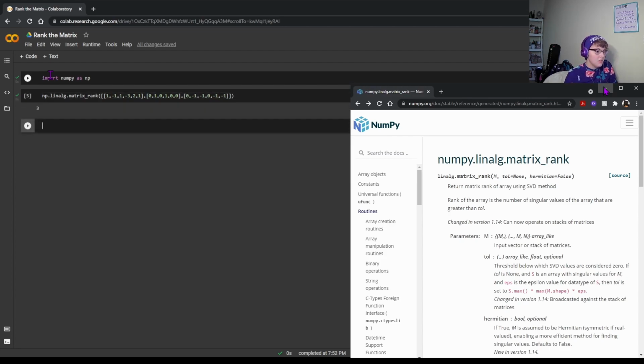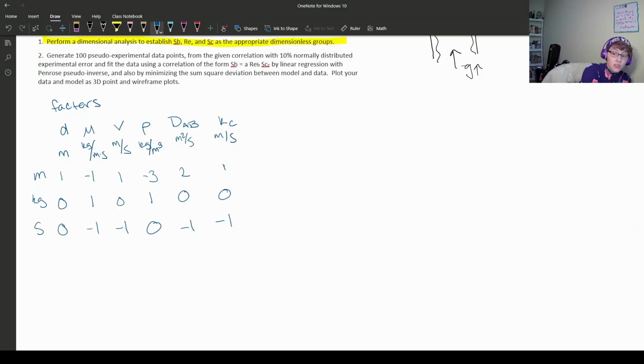Voila. So then we can press shift enter and we see that the rank of the matrix is 3. So each of those rows are unique. Now that we've determined that the rank of the matrix is equal to 3, we can determine how many dimensionless groups we need.